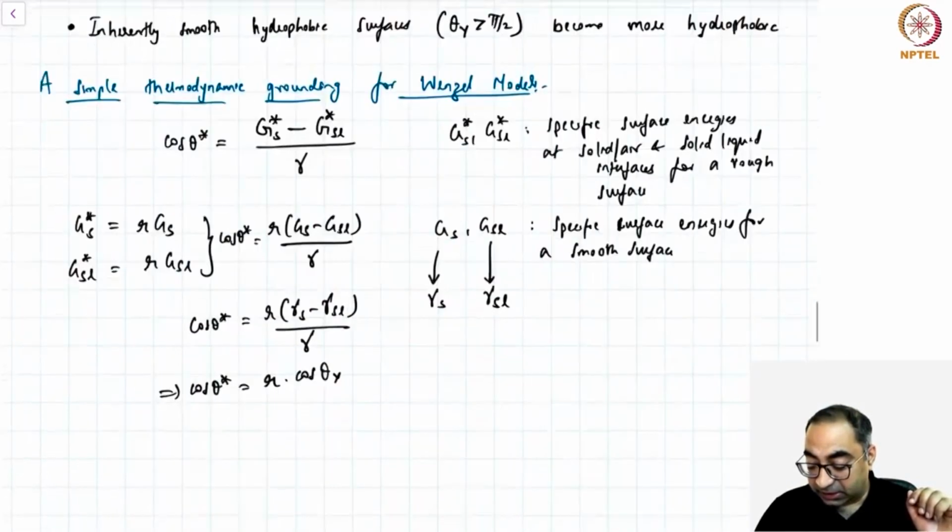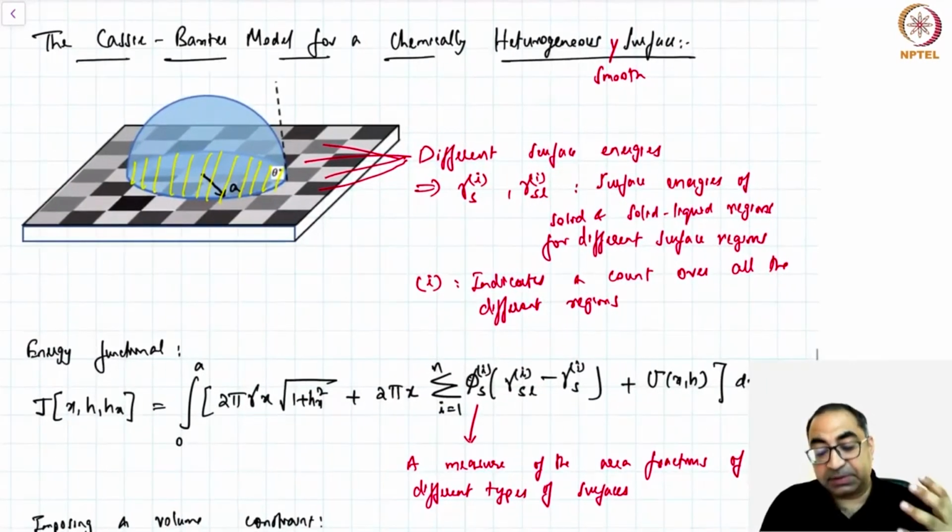Now we applied the same idea even for surfaces with chemical heterogeneities, but now we need to also take into account the fact that the surface energies themselves can be different at different parts of the surface, and therefore that goes into the energy functional.